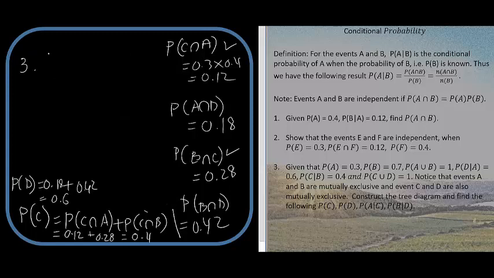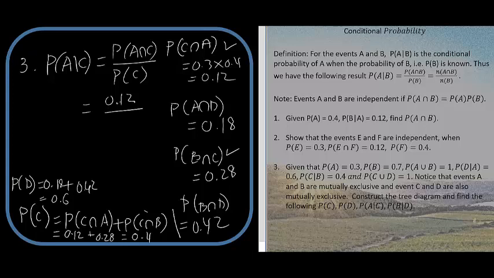Next, when you are looking at probability A given C, this must be probability A intersection C over probability C. Now you can see A intersection C is 0.12 and probability of C is 0.4.